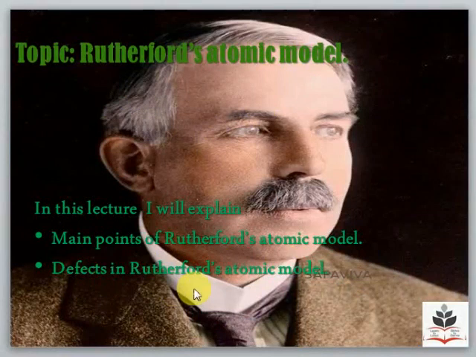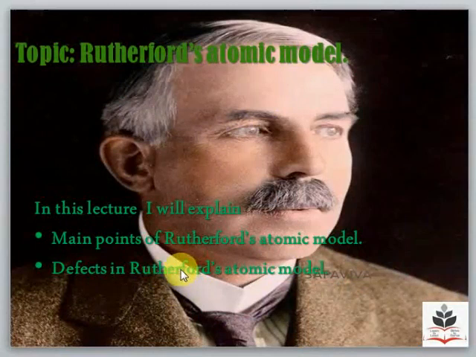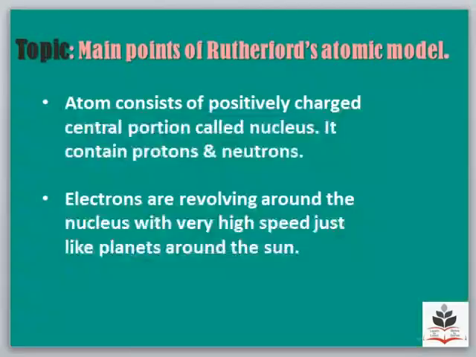Okay, so what were the shortcomings or defects present in Rutherford's atomic model? So let's see what were the main points of Rutherford's atomic model. The first point is atom consists of positively charged central portion called nucleus.